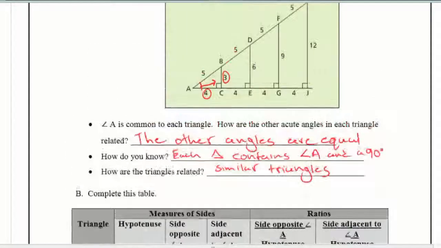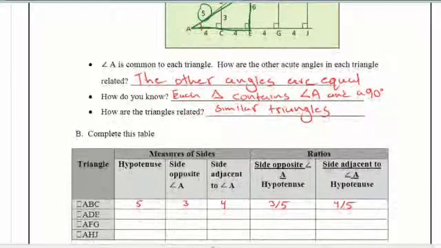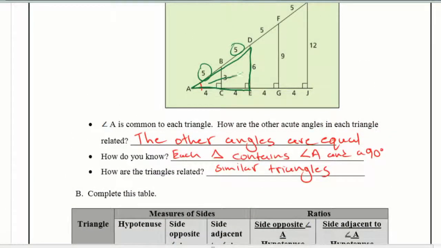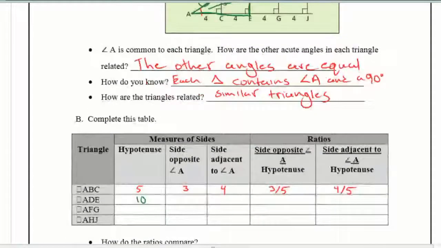Okay, so that's looking at just the first triangle here, this ABC. Now the next one asks for ADE. So if I started at A, and I went to D, and then I went to E, we're looking at this triangle now. So the hypotenuse is the longest side, it's going to be 5 and another 5. So the hypotenuse is going to give me 10. The side opposite angle A is 6, and the adjacent is 8.